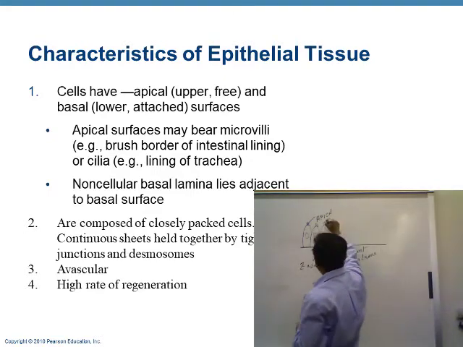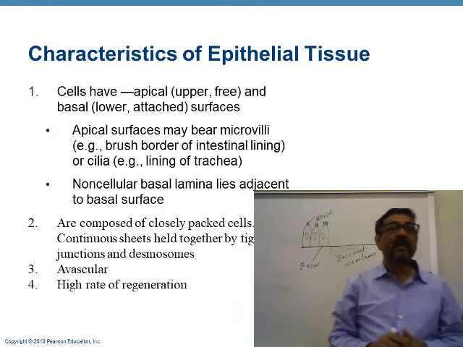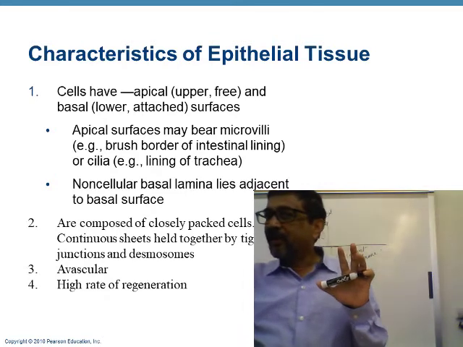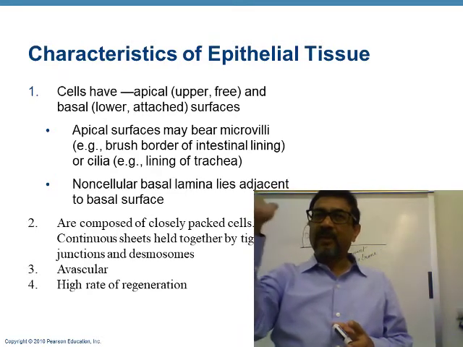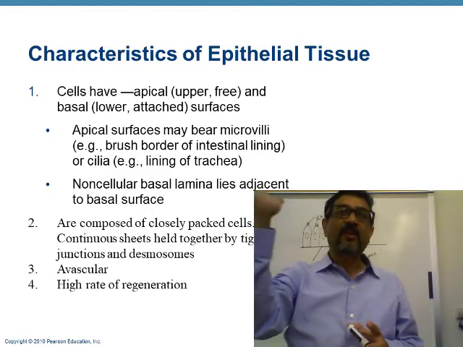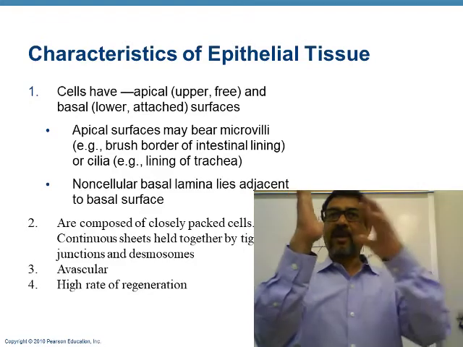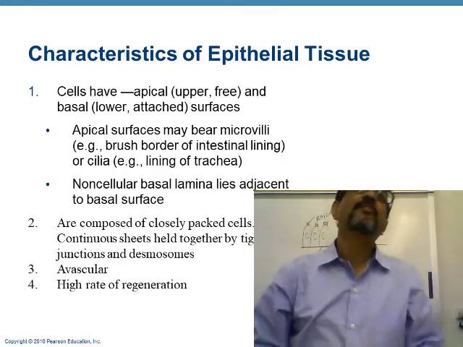If the hairs are kind of hard, like a brush border, these are called microvilli. So cilia and microvilli could be present on the apical surface, but if they are soft and can move, that is called what? Cilia. If it's kind of hard and staying like this, that is called microvilli.